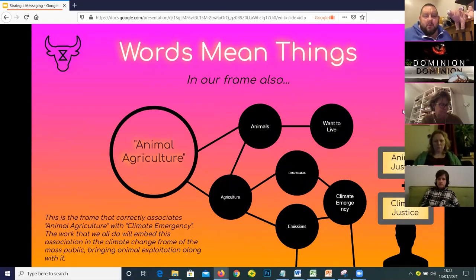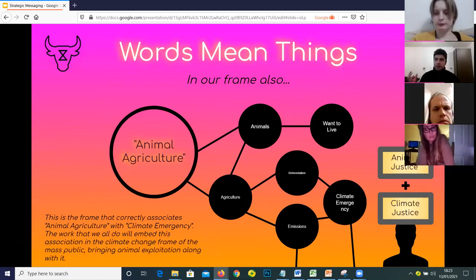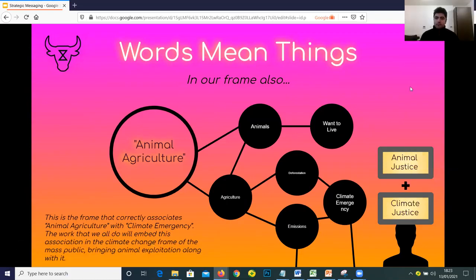So this is what I believe to be Animal Rebellion's aim in what we're trying to do. We're trying to unify an animal justice frame with a climate justice frame, so that we can build in these associations that we saw before with animal agriculture from an animal justice frame into the climate change message.